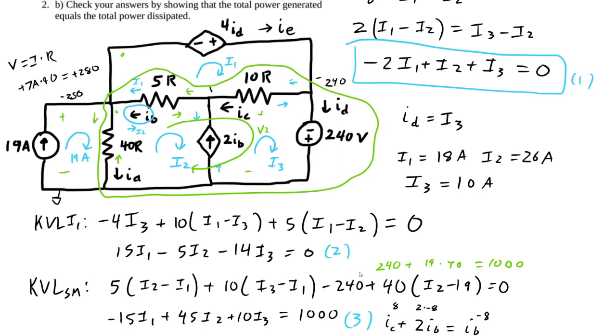So minus 240, and then V2 would be Ohm's law, so V2 is going to be V equals I times R, so 5 times IB plus, let's think, 40 IA.